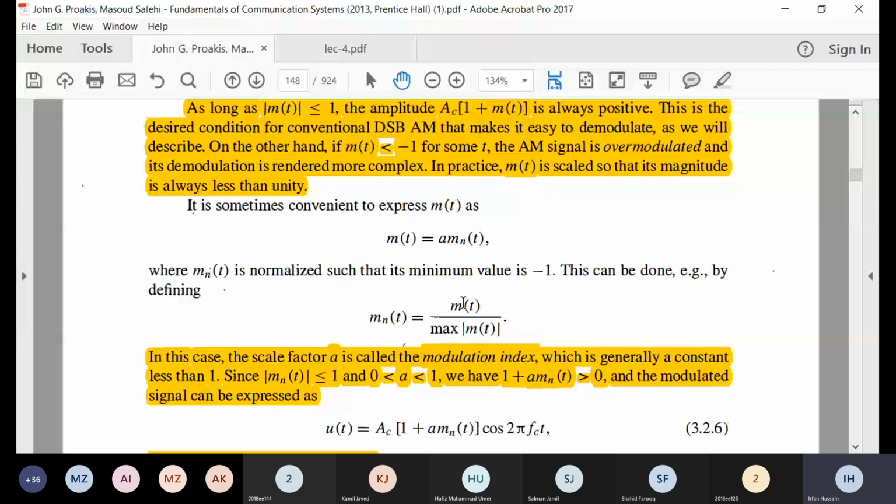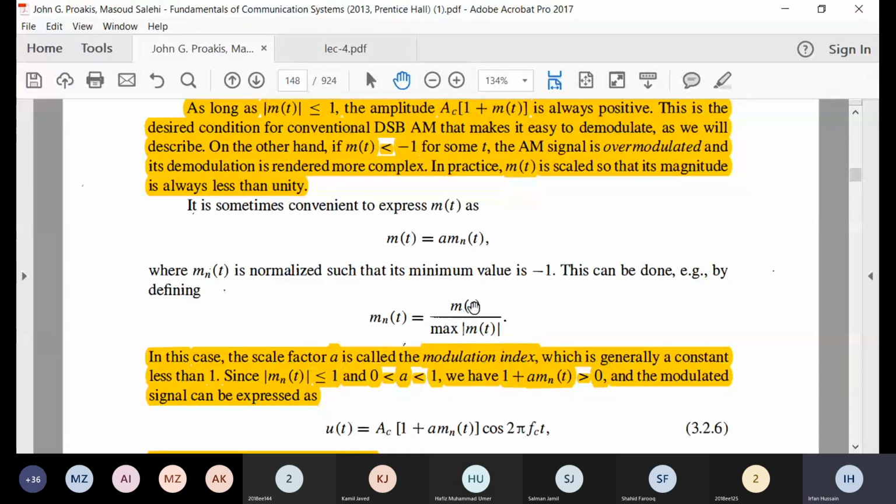But again, with -1 and 1, the problem is that when you do 1 plus this m_n(t) signal, you can again see there will be points which go to 0. But we don't even want to go to those zero points. So what we do, we multiply this m_n(t) by a scaling factor A, which is less than 1.